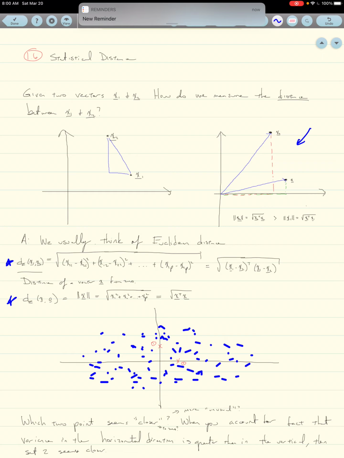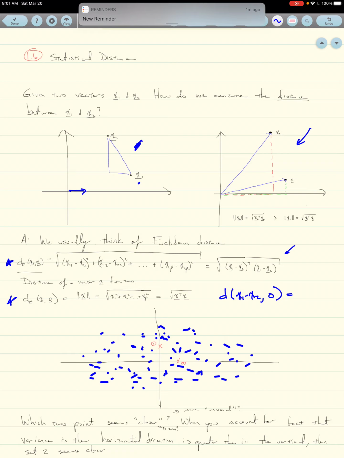Now, we can actually think of the distance between two vectors in this way, because we can just take the distance of x1 minus x2 and 0, and that in some sense shifts this first picture. It would take the difference between those two, and we would see that if I take x1 minus x2, the first coordinate of x1 is larger than the first coordinate of x2, so that would shift it to the right.